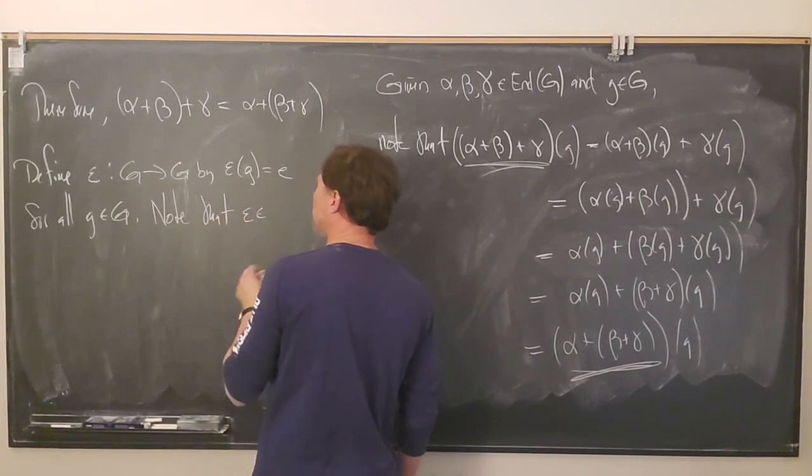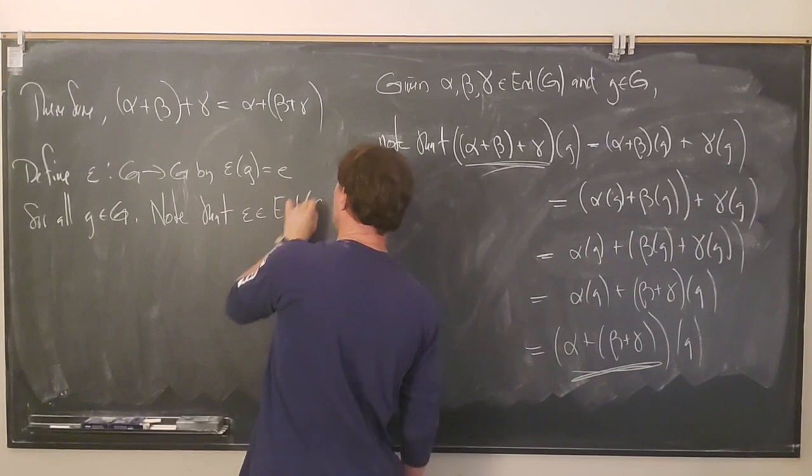You can check the details there, but note that epsilon is an element of End G.